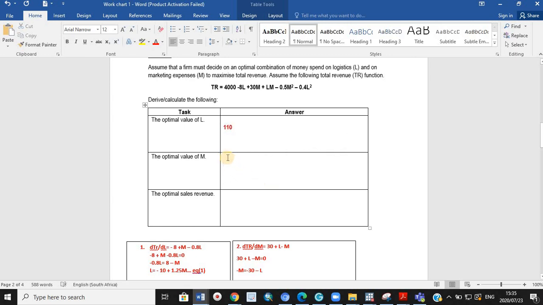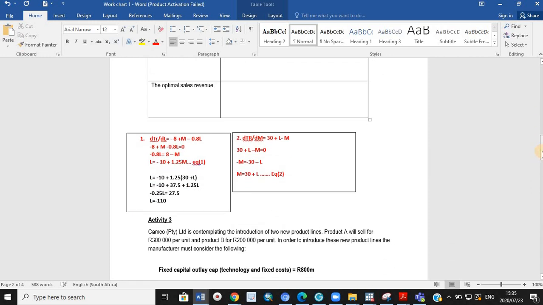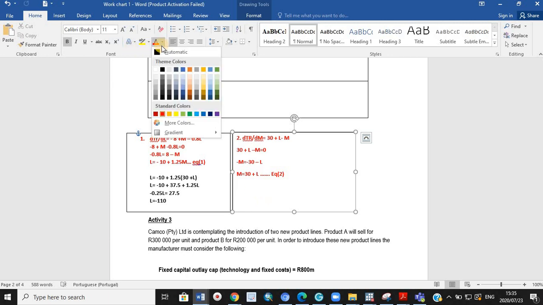Very good. So let's do the same for M. Assuming that by now we know L, we are just going to do this, right? Let me change the color.